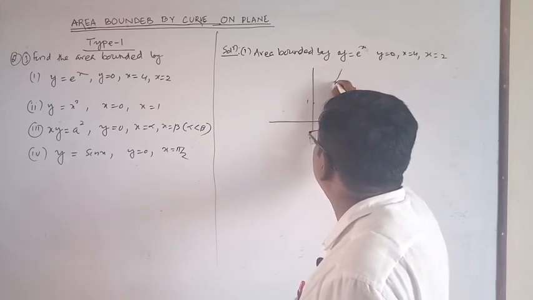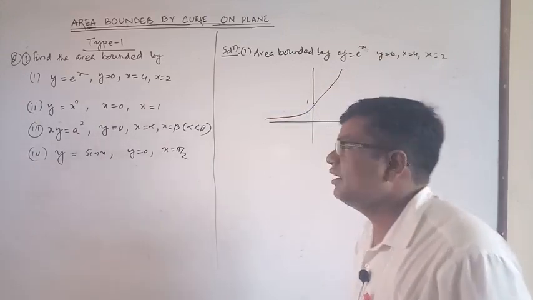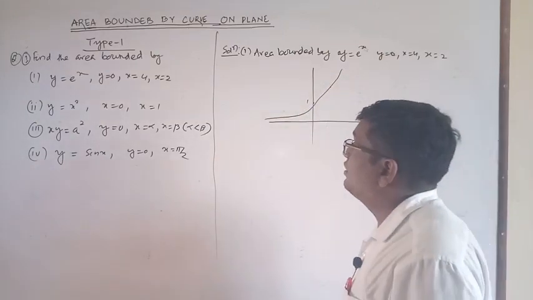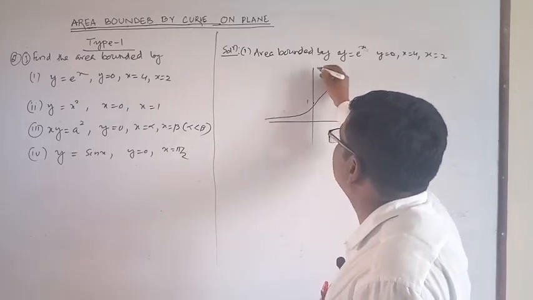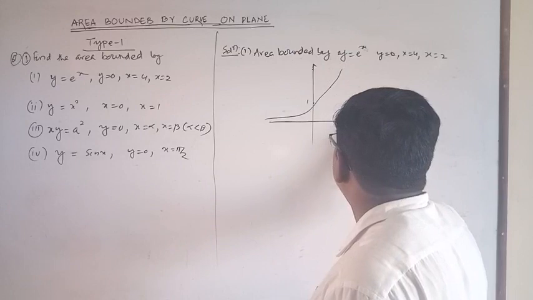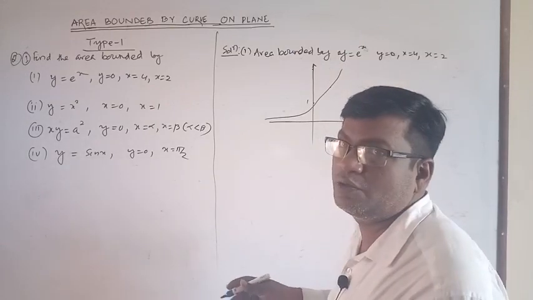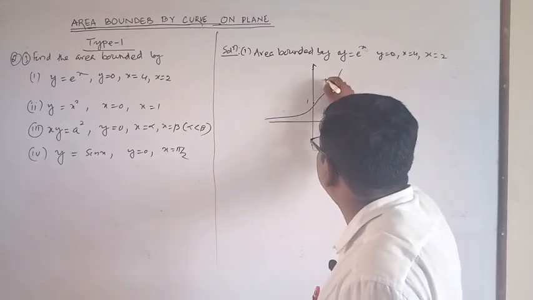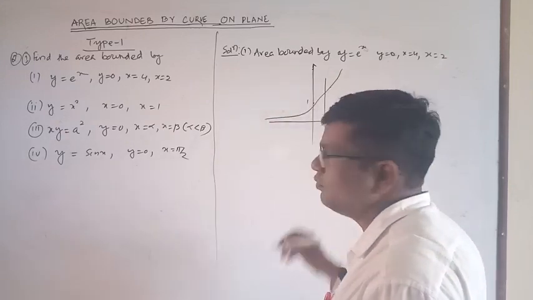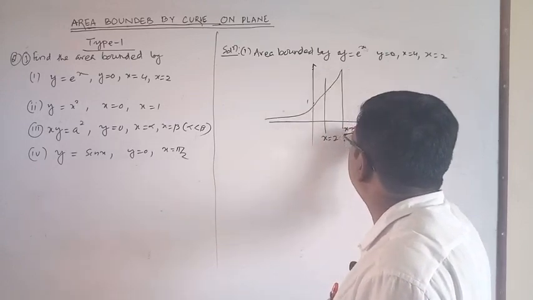So the graph will be like this, and y is equal to 0 means this is the x-axis. First x is equal to 2 here, x is equal to 4 here.